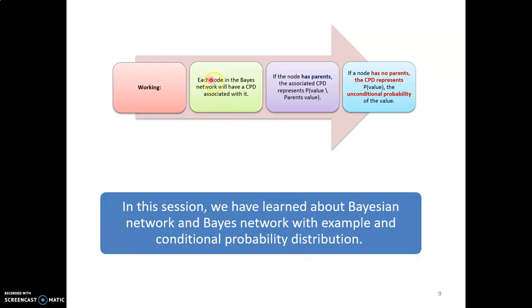Here are the working conditions. Each node in the Bayes network will have a CPD associated with it. If the node has parents, the associated conditional probability distribution represents P of the value given the parent values. In our case we have 2 parents, one is G and one is F. If a node has no parents, the CPD represents P of the value, the unconditional probability of the value.